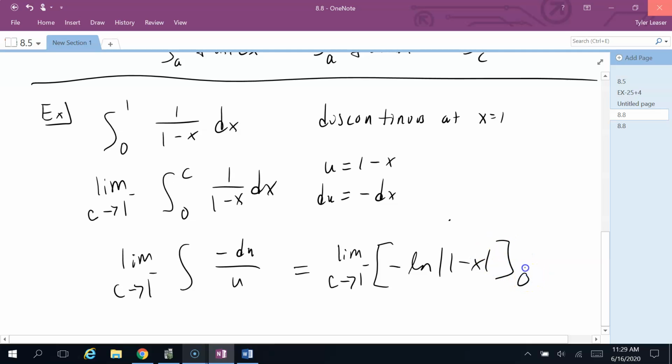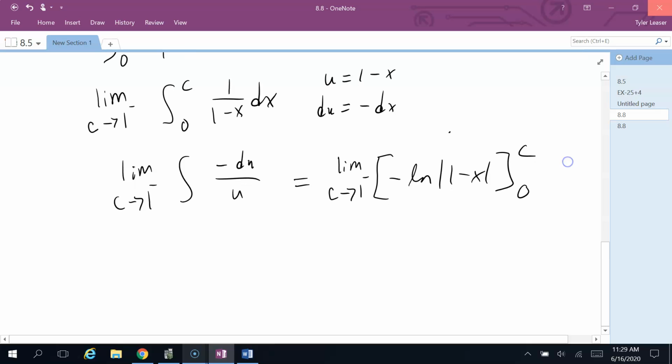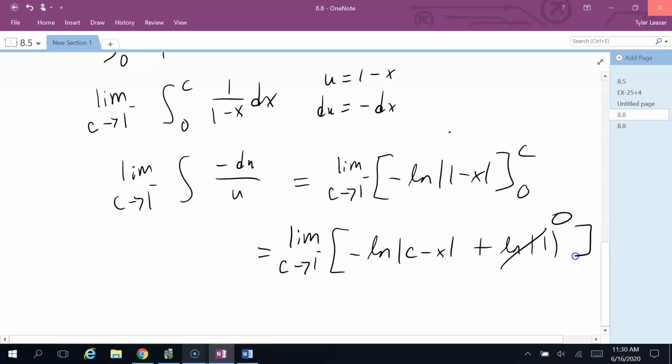This going from 0 to c. Okay, if I plug c into there, still the limit, c approaches 1 from the left of negative natural log of c minus x. That's going to be then plus the natural log of plugging 0 in for the x, which is the natural log of 1, which is just 0.